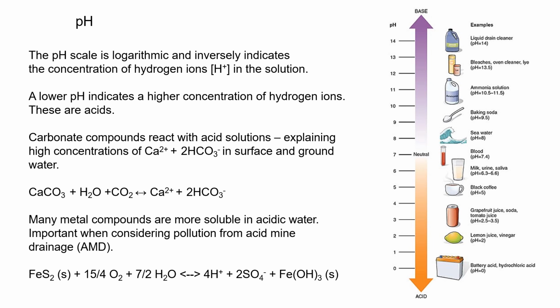On the right-hand side, we can see that the acidic end of the scale is a low number, so between maybe 0 and 5 or 6, and the alkaline or base end of the scale goes up to 14, and you get increasing concentrations of protons or hydrogen ions as you go to a more acidic solution.